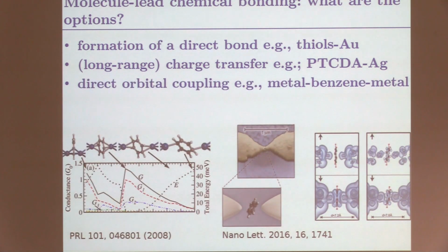And then a third way you can have coupling between molecules and metals is if it really involves a direct coupling between molecular orbitals from the gas phase, if you will, and atomic orbitals from the metal surface. This has been shown especially in the case of single-molecule electronics, where benzene molecules couple directly to leads.